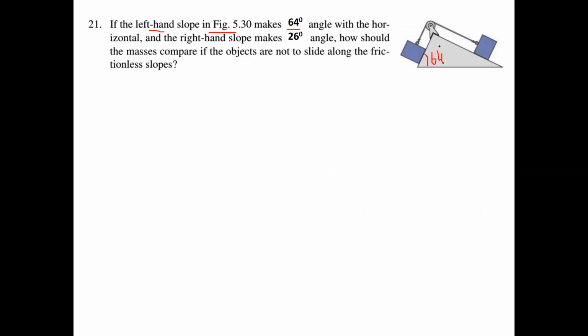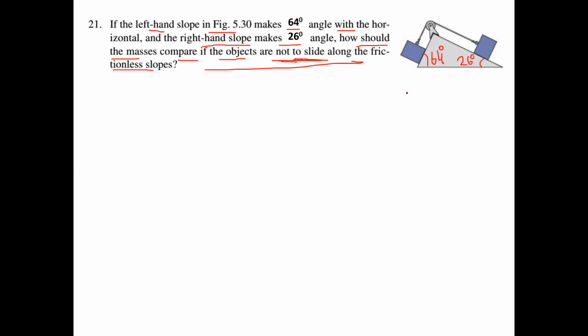What about this one? The right-hand slope is given as 26 degree. How should the masses compare if the objects do not slide along the frictionless slope? You don't have any friction here.